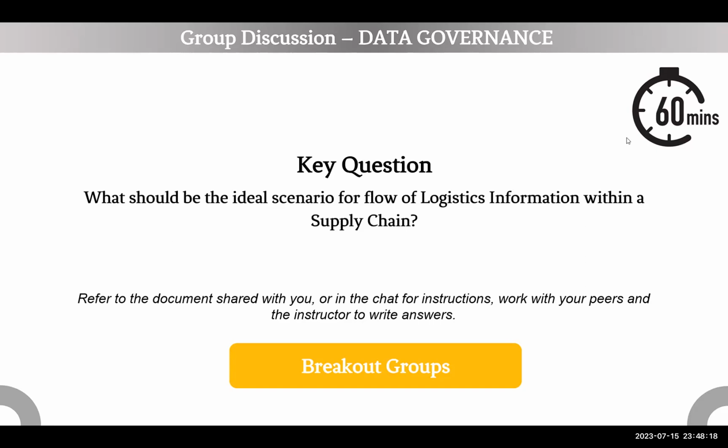You can download the document from the chat, and the leaders will write the answers as per the discussion and then present when we come back in the plenary. So please volunteer, or otherwise we'll have to try and pick two group leaders.